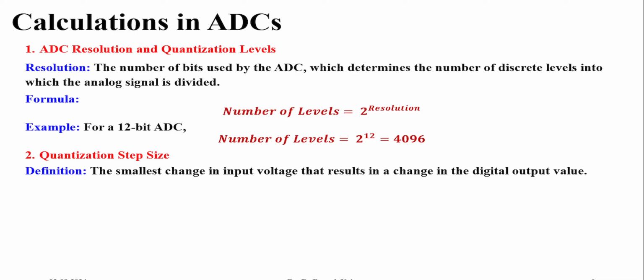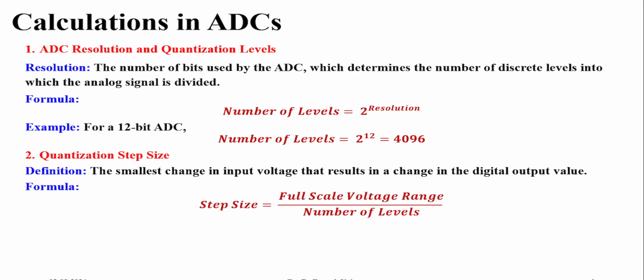Now comes the quantization step size. What is the definition of quantization step size? It is the smallest change in the input voltage level that results in a change in the digital output, or we can say the smallest level in which a digital voltage can be represented.